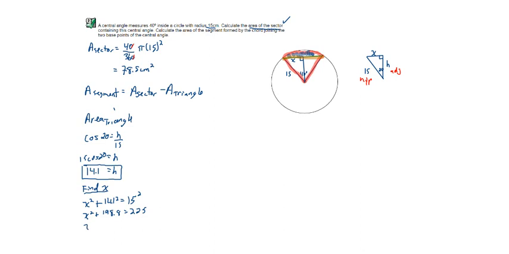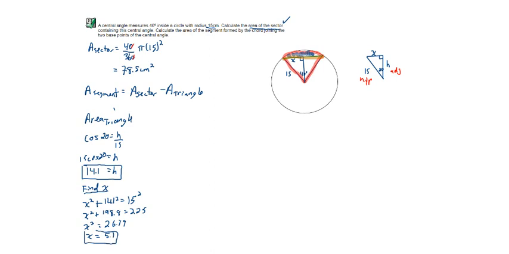And now subtract 198.8 from both sides, and we get that x squared is equal to 26.19 approximately. We'll take the square root of that, and we get approximately 5.1.